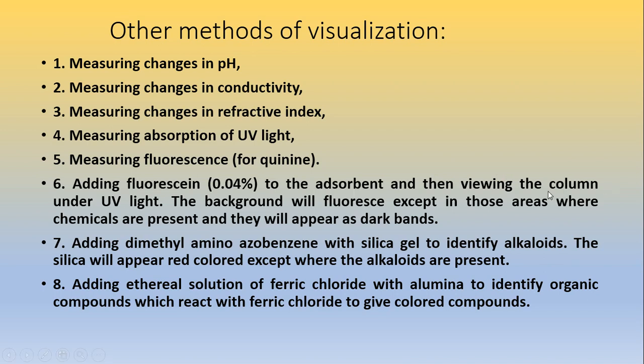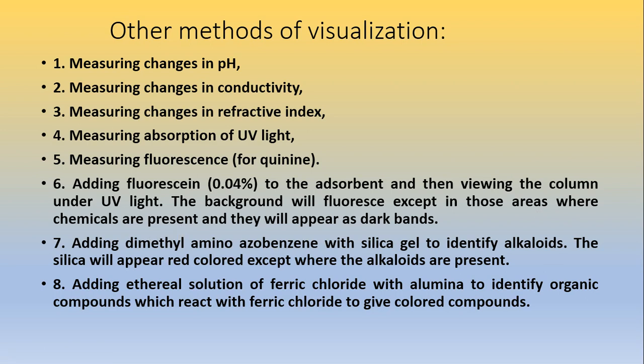Then we can observe this column or chromatogram under the UV light. When we put this column in UV light, then the background will fluoresce except in those areas where chemicals are present in the column.